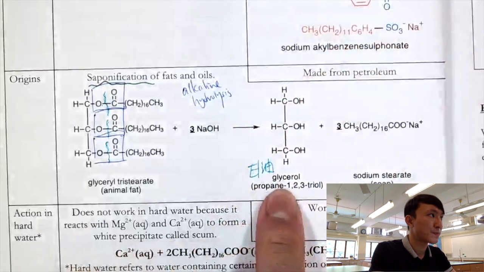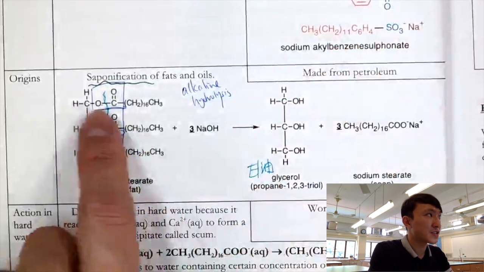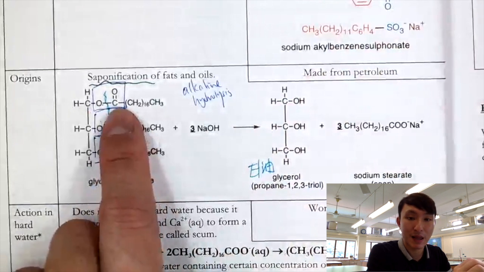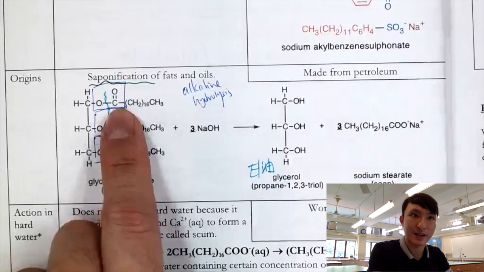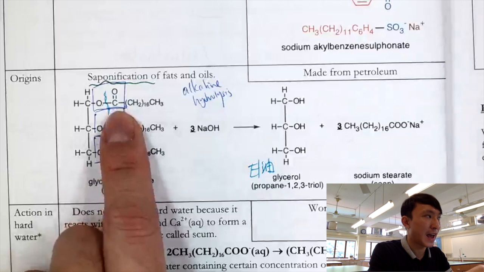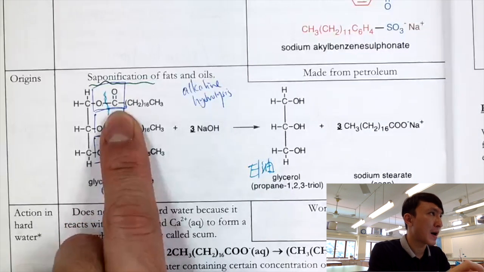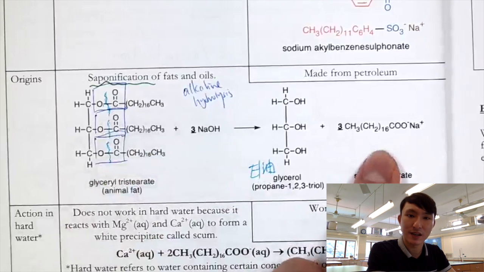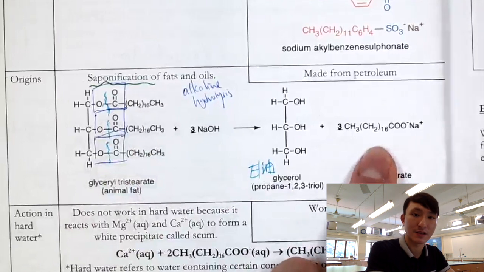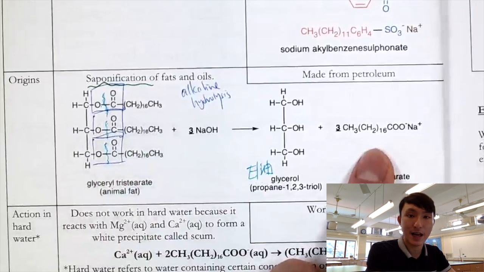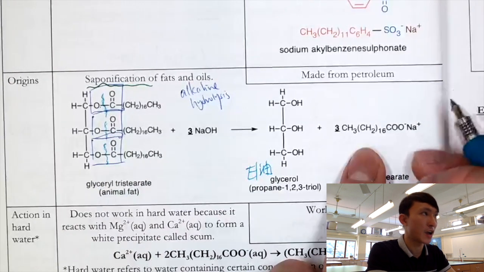And on the other side, where we plug in the OH back to the carboxylic acid, we should have 3 carboxylic acids that are formed, or we can call them fatty acids. But you notice, hey, the product is a little bit different than what we expected, right? It should be carboxylic acid. Why is it like an ion?